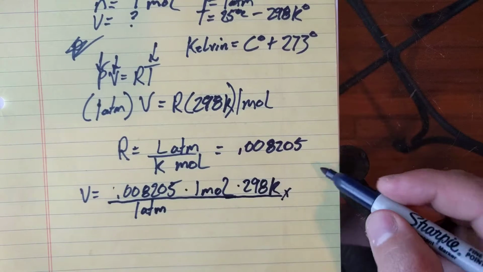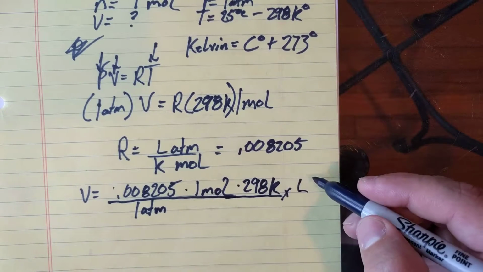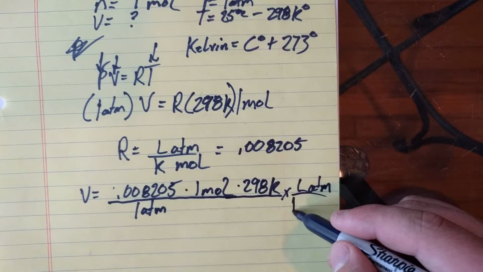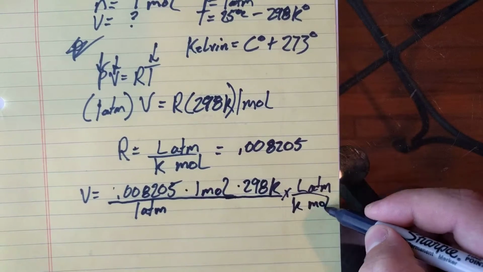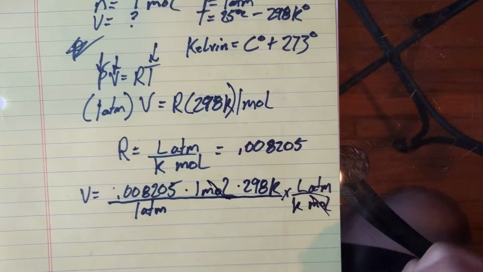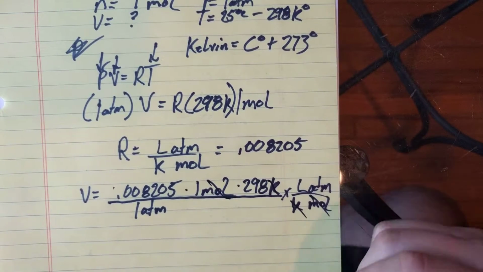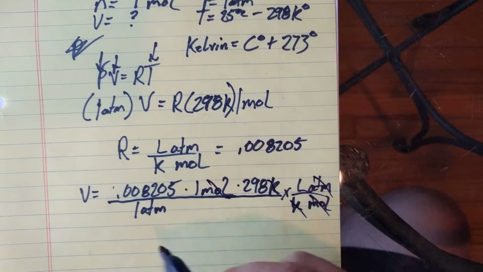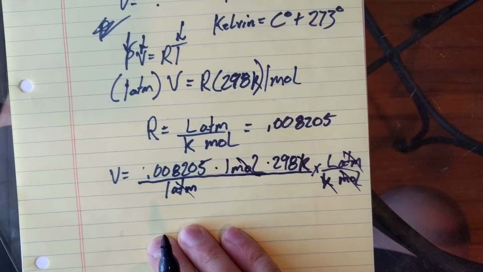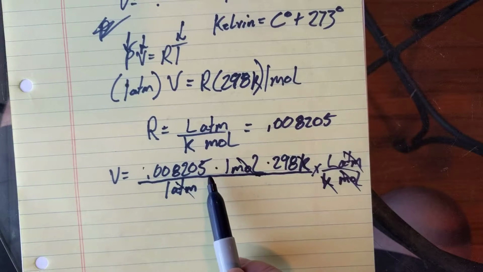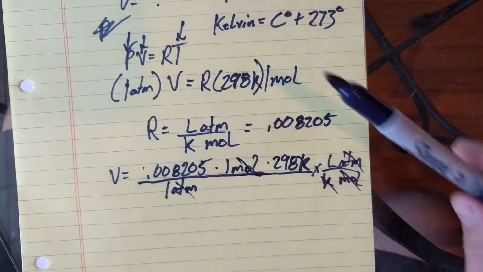And then you're going to put your units of R over here. So L atmosphere per K mole. So the mole will cancel. Your Kelvin will cancel. Your atmosphere will cancel. Okay? And then all we really got to do is multiply this 0.008205 times 298.